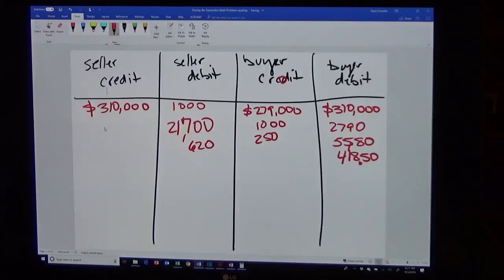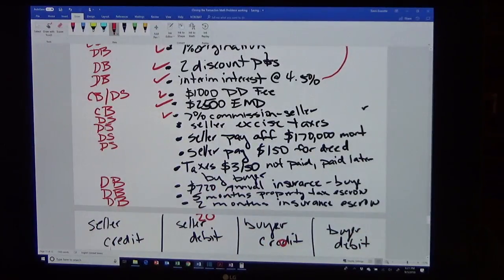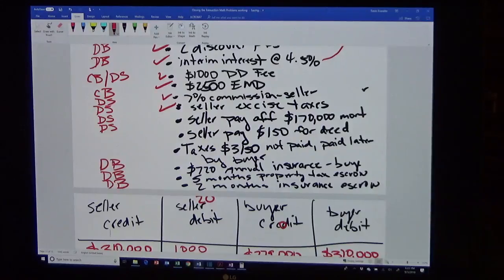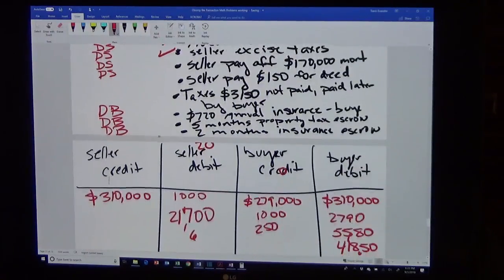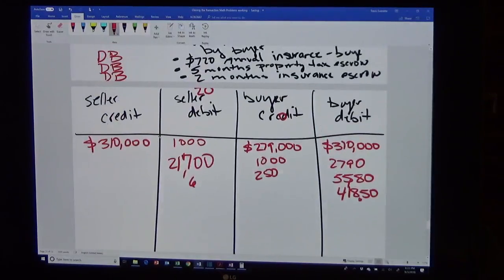Okay, go back up to our bullet points. Almost getting down to the nitty-gritty here now. Okay, we can check off excise taxes. The seller's going to pay off their $170,000 mortgage. There's no math involved there. That's just a seller debit. Wow, my excise taxes just moved all around. It's $620. Right?